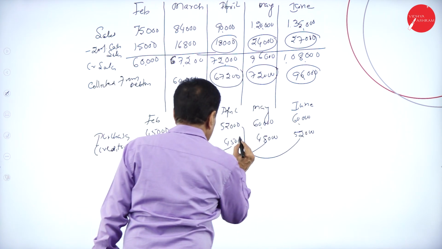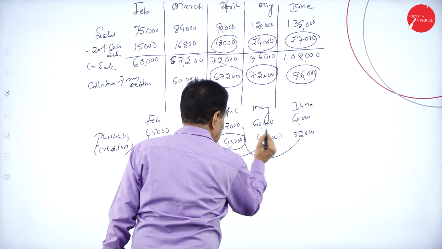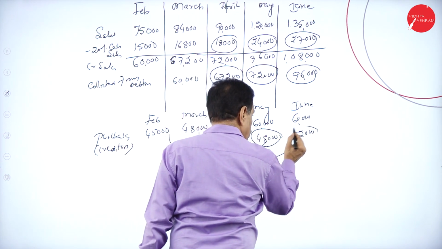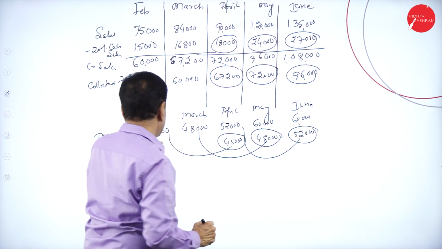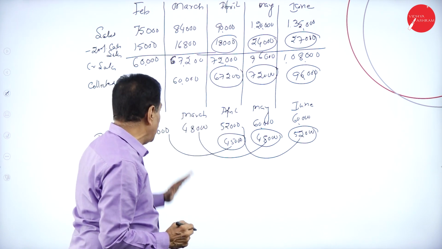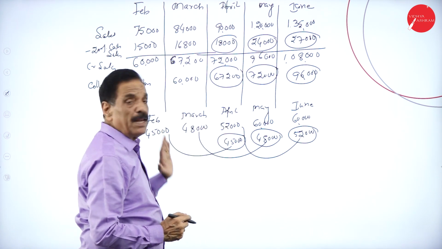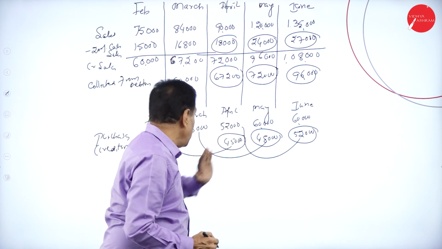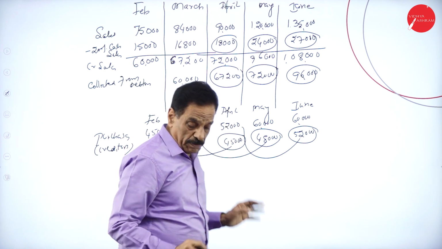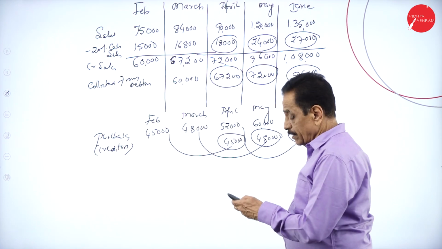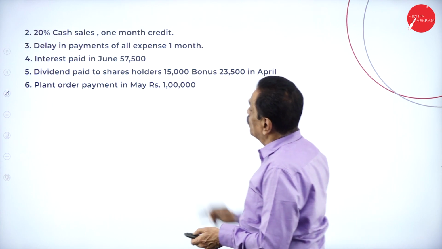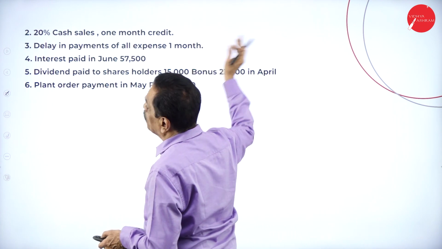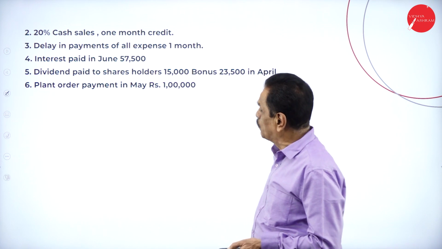So we want this: 45,000, 48,000, 52,000. So 2 months, February, March paid in April, February in April, March in May, April in June. Then delay in payment, all expense 1 month late. 1 month late we are going to pay.